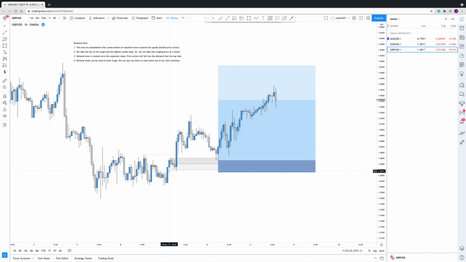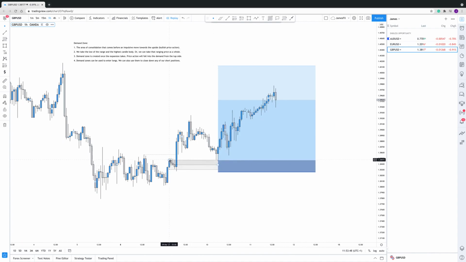We take the lowest point, which is the wick, and the highest point we can look at would be, let me just get that right. So the low, the wick, and the highest candle body. So it's here. But as we also put here, or we can take the trading range as a whole, which is what I do personally.